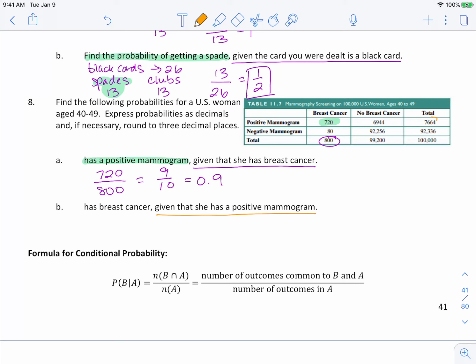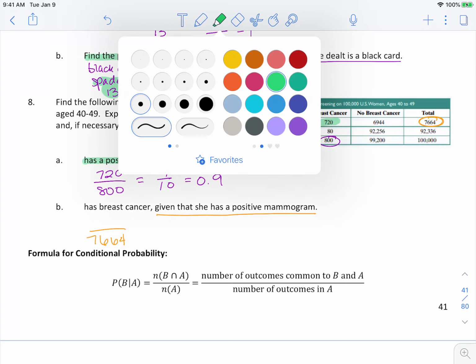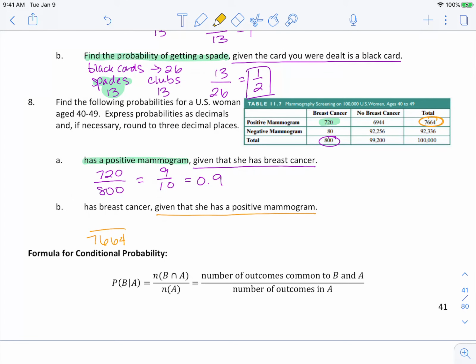So this is our total from the total of positive mammograms, 7,664. And we're looking for the probability that she has breast cancer. So we're again looking at this breast cancer. That tells us 720. And this reduces to 45 out of 479. And this one, we're going to have to give an approximation. This is about 0.094.